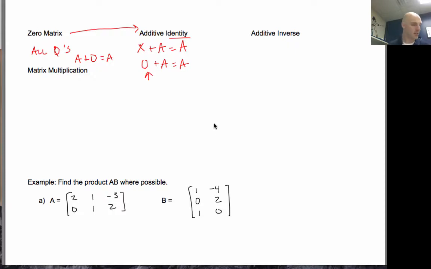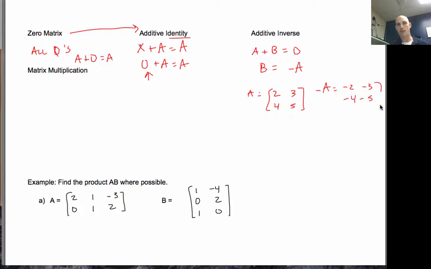Additive inverse. The additive inverse is where A plus B equals 0. And so B is equal to the opposite of A. So for example, if I had A is equal to 2, 3, 4, 5, then the opposite of A would be negative 2, negative 3, negative 4, negative 5. So B is equal to negative A, meaning all of the elements are the opposite.